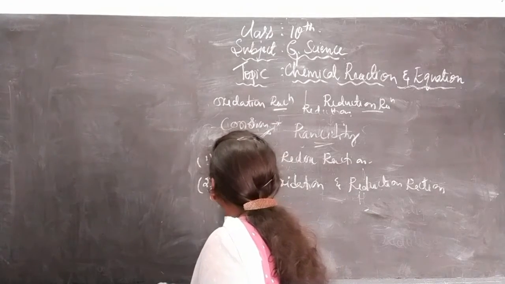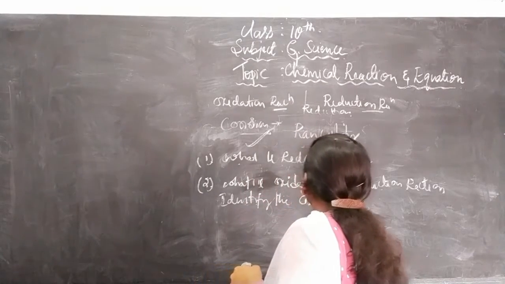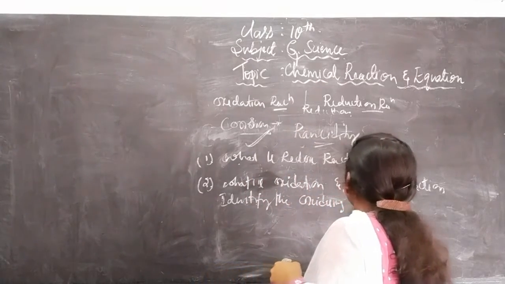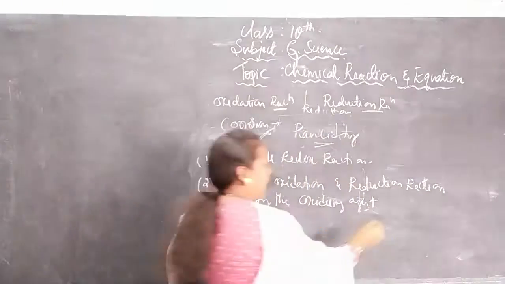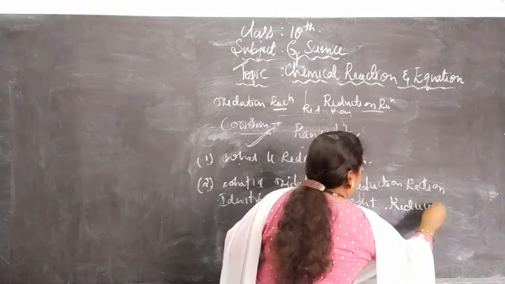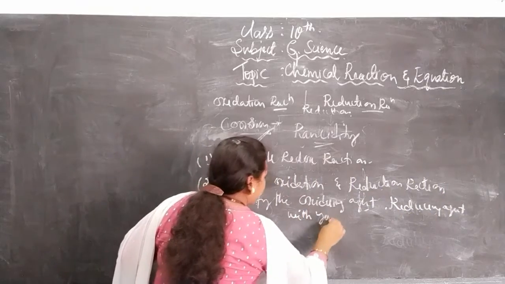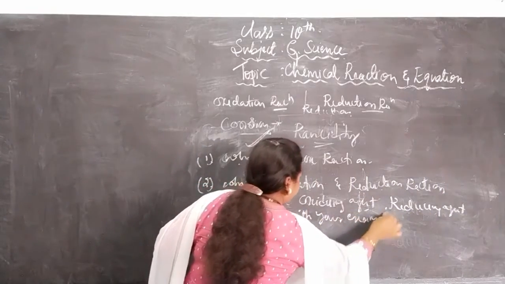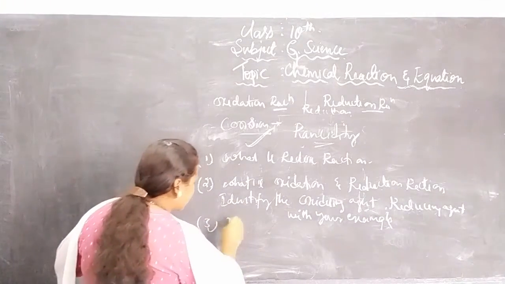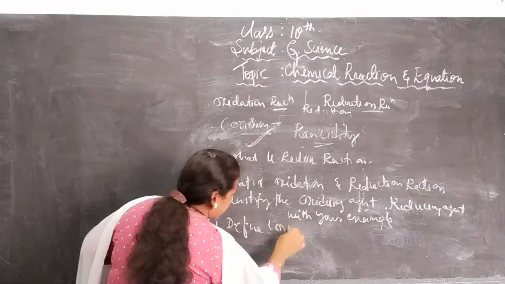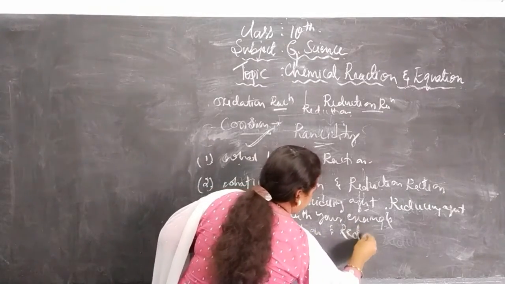Identify the oxidizing agent and the reducing agent with your example. Please write this down. Next one: what is corrosion? Define corrosion and rancidity. Don't forget this.